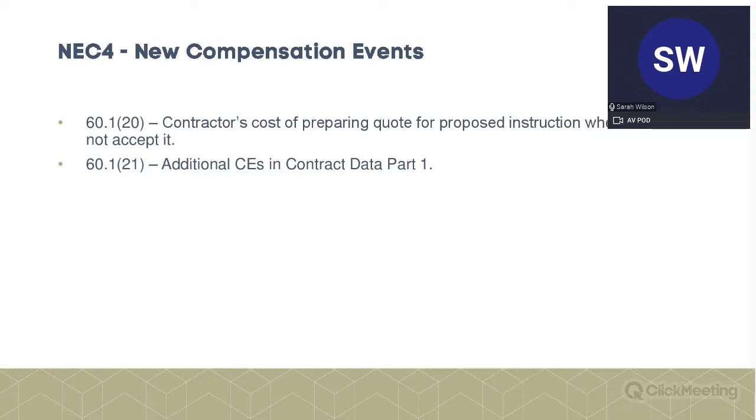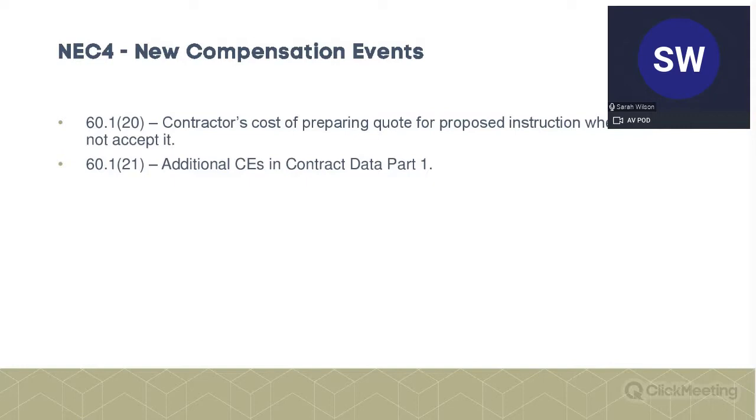So very, very quickly, just some changes that we have in NEC4, some good, some bad. First one, and this relates to a question asked in the last seminar, it is now a new compensation event, 60.120, so that the contractor gets paid its cost for preparing a quote for a proposed instruction where the project manager doesn't accept it.